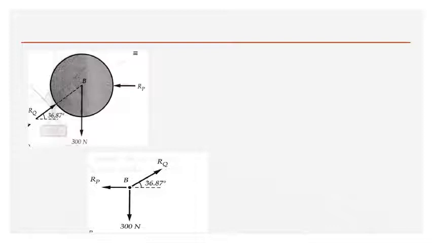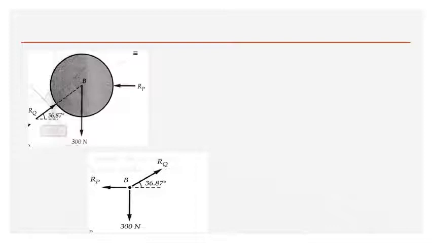The line diagram of the forces is drawn. You can see the RP, 300 Newton force and the RQ force. Remember that in order to apply Lami's theorem, either all forces should be outward or all forces should be inward. So here all the forces are shown as outward.